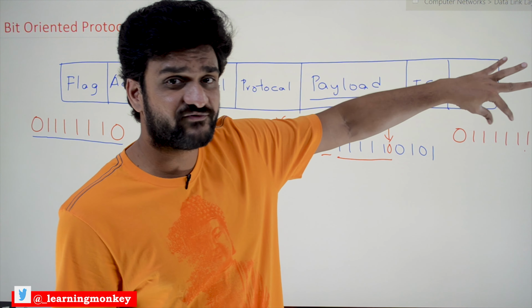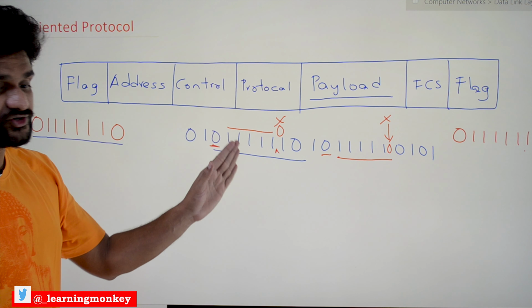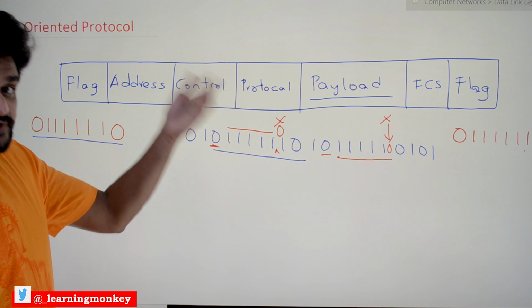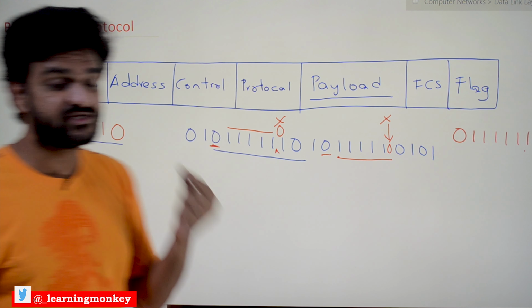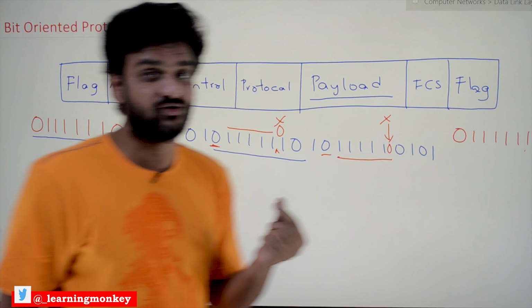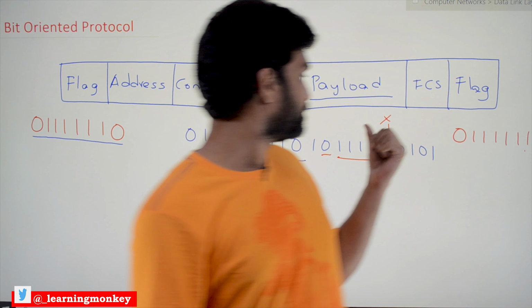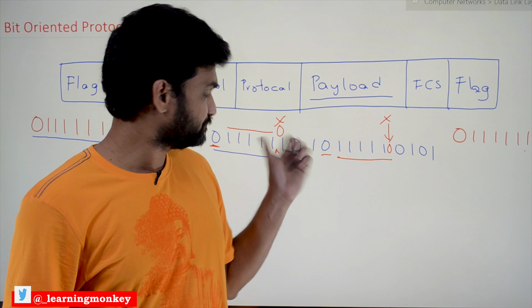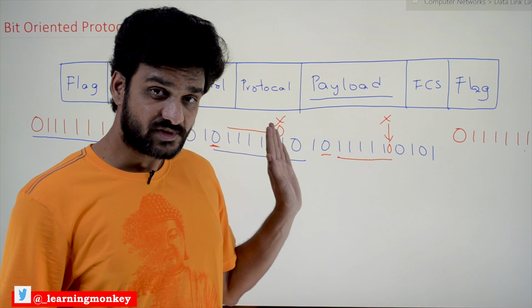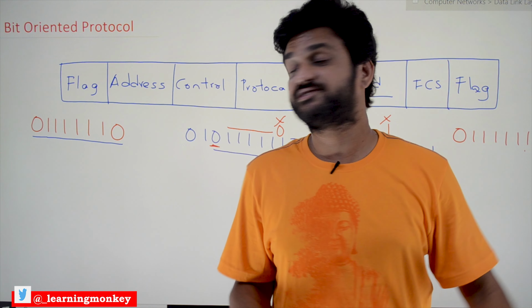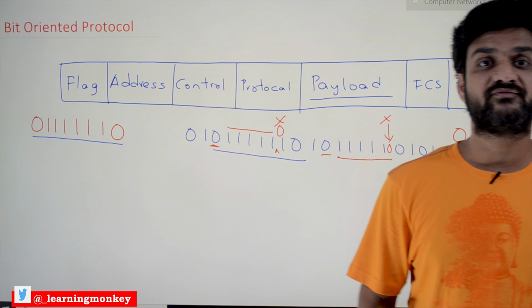If within the data we have 5 consecutive ones, after those 5 consecutive ones we are going to stuff a 0. At the receiver, if it identifies a 0 after 5 consecutive ones, that single 0 will be removed, and after removing it, the bits after that stuffed bit will be passed on. This is how the bit oriented protocol will work.